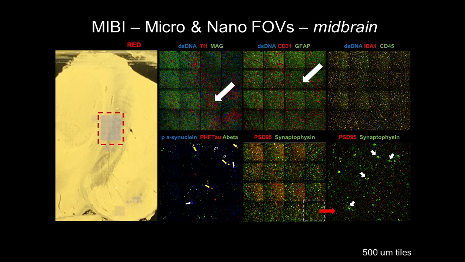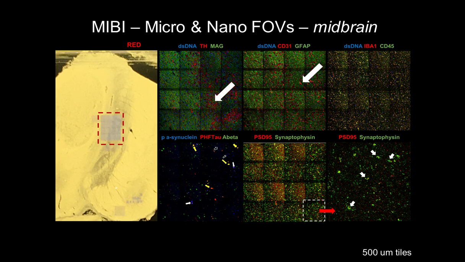The other cool thing, and I'm going to come back to it at the very end, is we can start to look at pre and post-synaptic markers like synaptophysin and PSD95. Synaptophysin marks most presynaptic bodies, and PSD95, even though these are archival samples, tends to be positive, as I understand it, on synapses that have recently fired, with the postsynaptic region being positive.